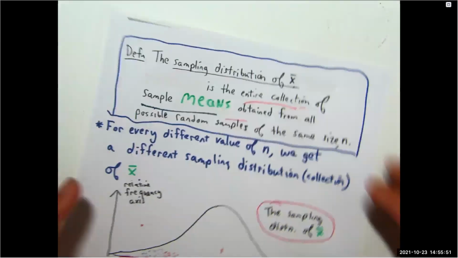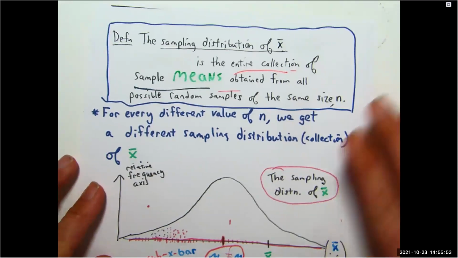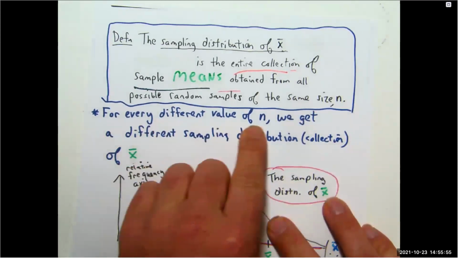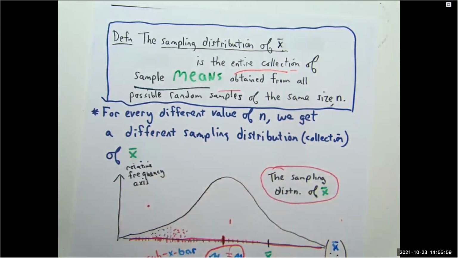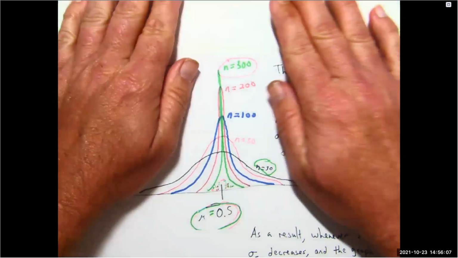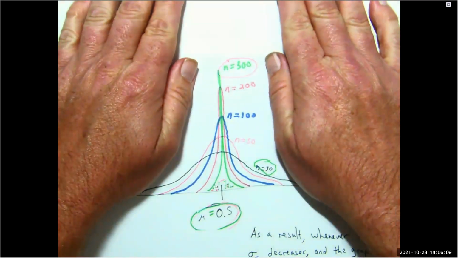So another thing I wanted to re-point out that probably went right past you is that for every different value of n, we're going to get a different sampling distribution or a different collection of sample means. I want you to take a look at this series of graphs over here.